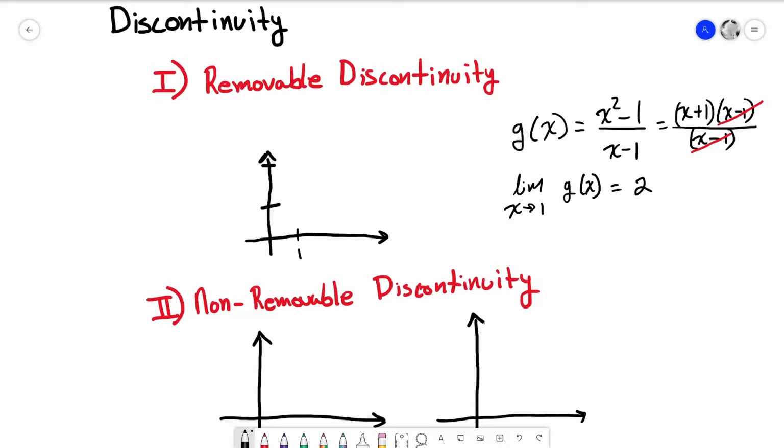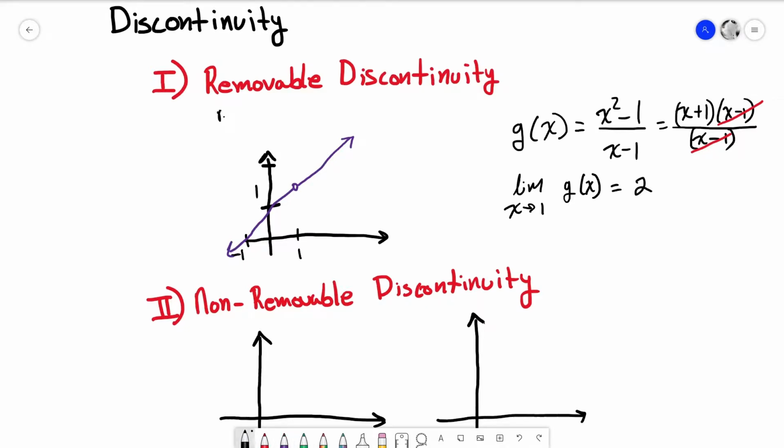And if we look at the graph again, it intersects the x-axis at -1, and it's going to cross the y-axis at +1. So it's going to look something like this. Once it hits 1, there's going to be a hole there, and then it's going to keep going in the other direction. If it looks like you can redefine the function, that's the term that gets thrown around.